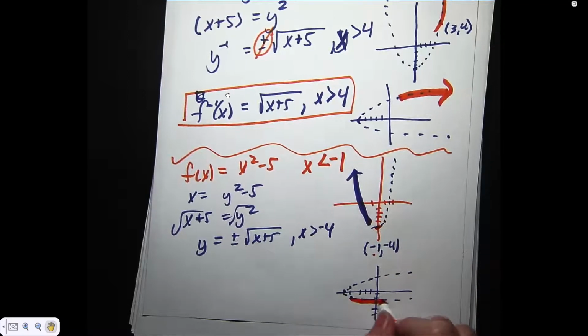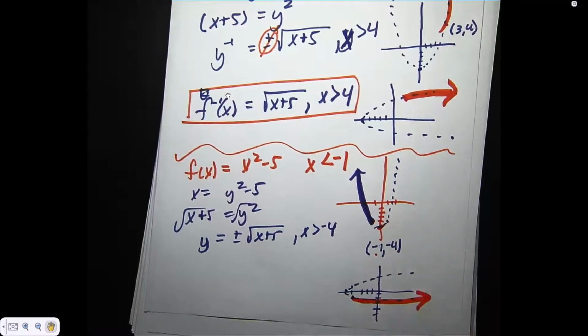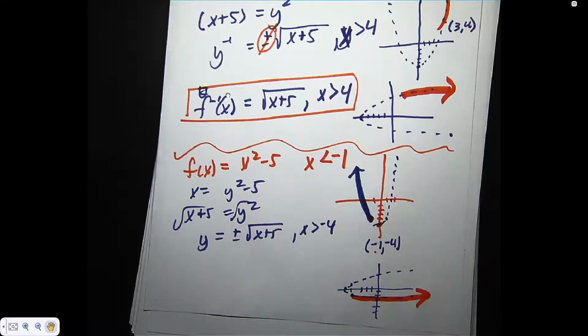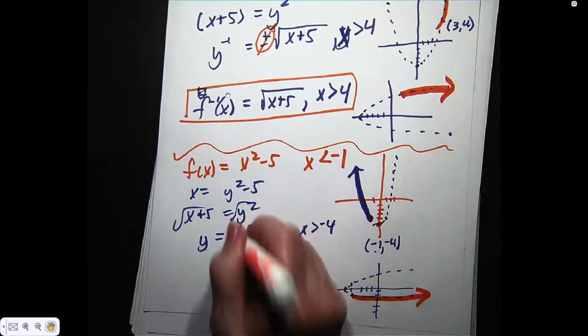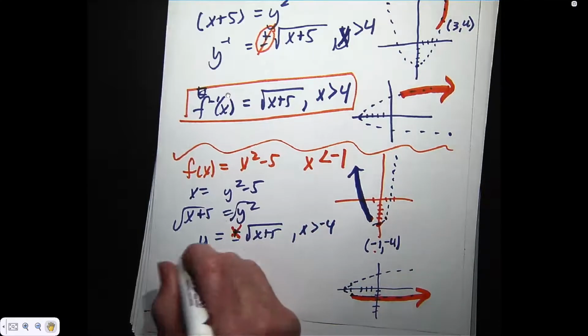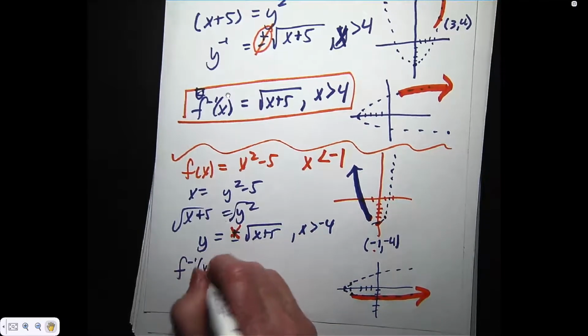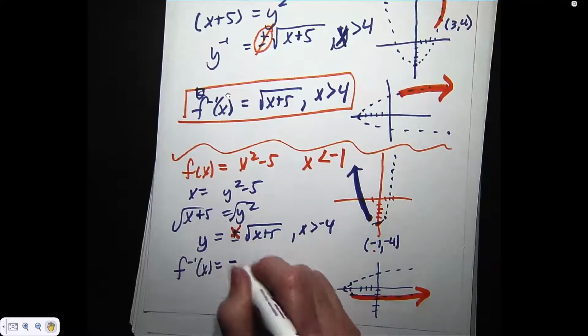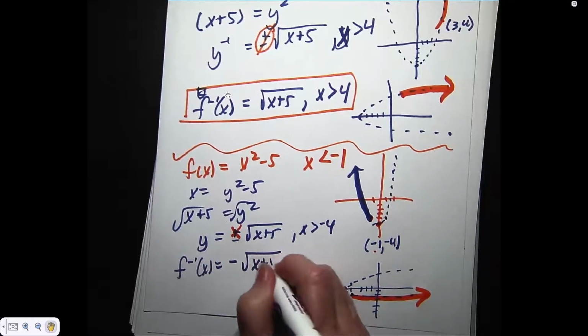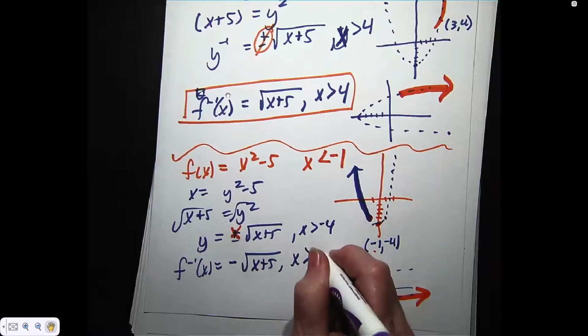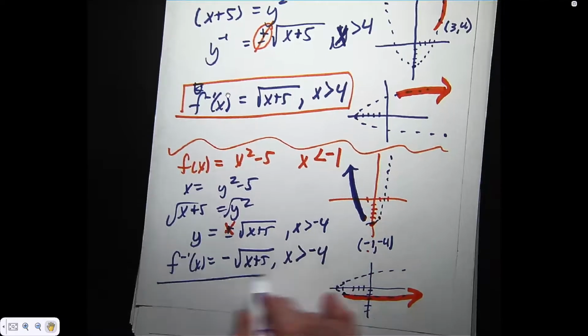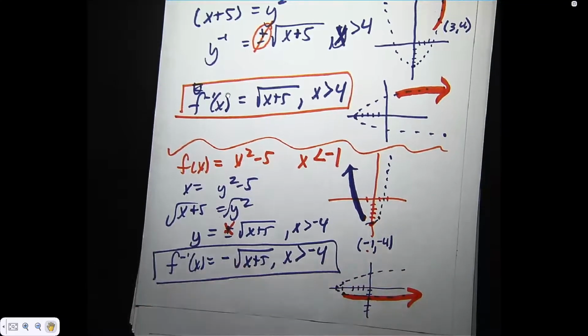So I need this graph, which is on the bottom section of this graph. So instead of using plus or minus, this time we only need minus, the negative square root of x plus 5 for x is greater than negative 4. And that would be the inverse of our problem.